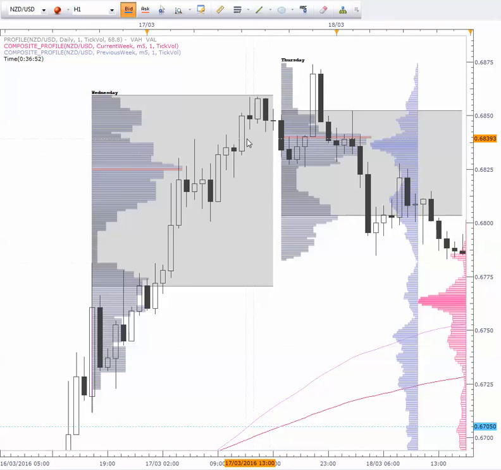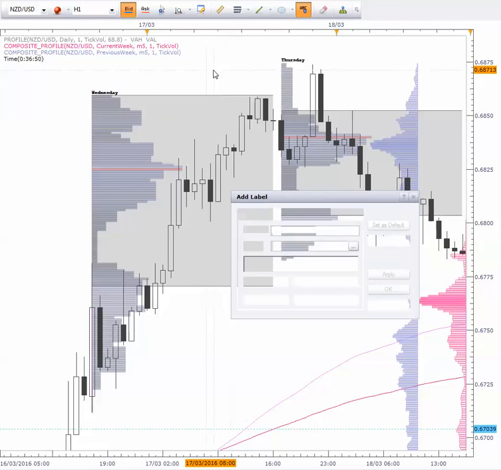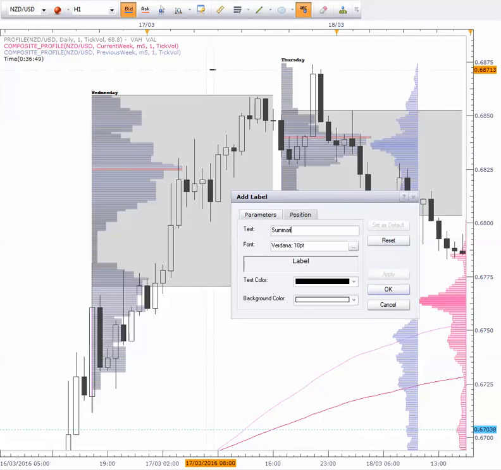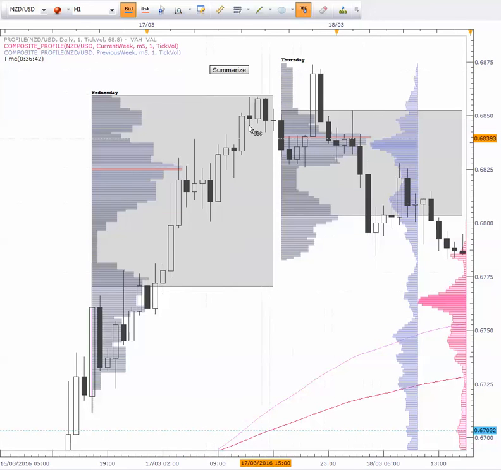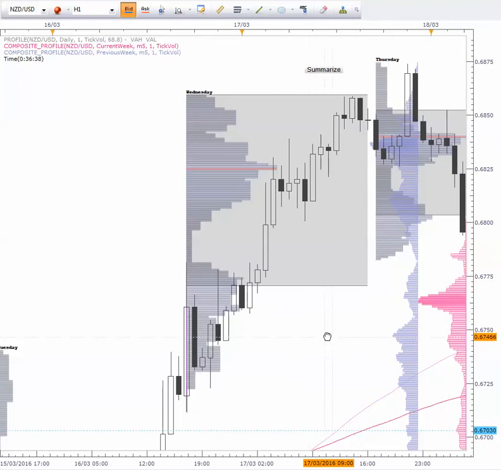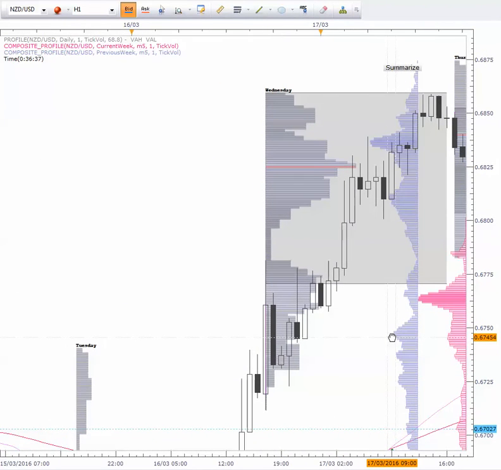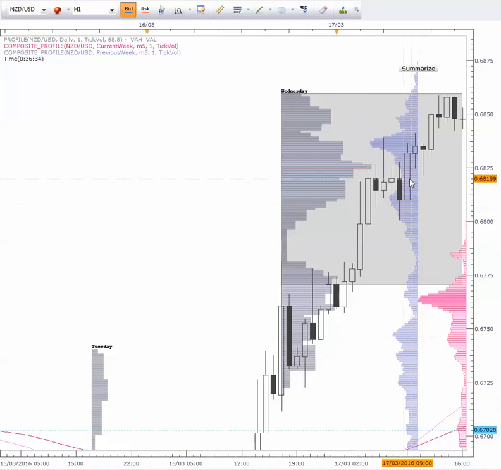Let me see if I can summarize quickly. At the close of this, the label up here is the label that starts at 5 o'clock.